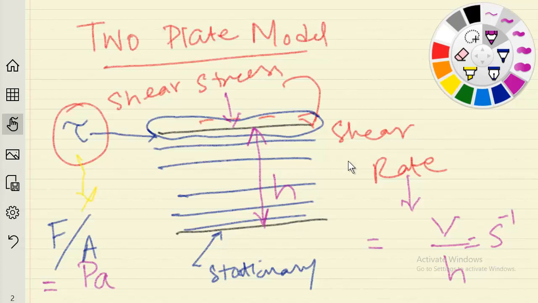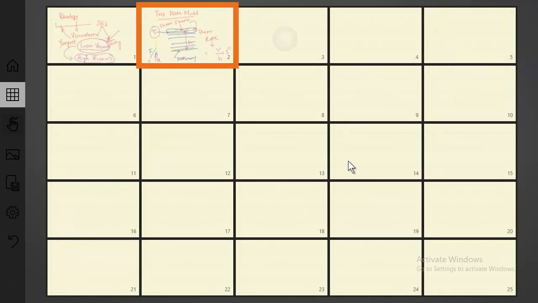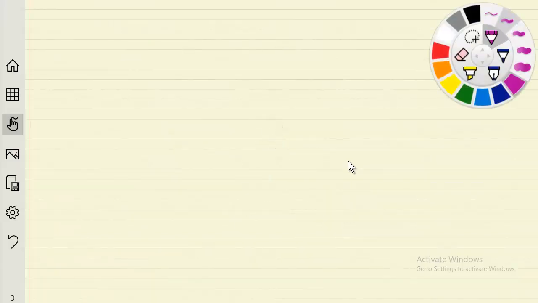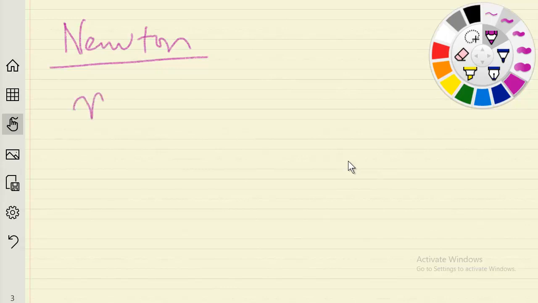Newton defined viscosity as the ratio of shear stress over shear rate, or shear stress is the product of viscosity and shear rate.